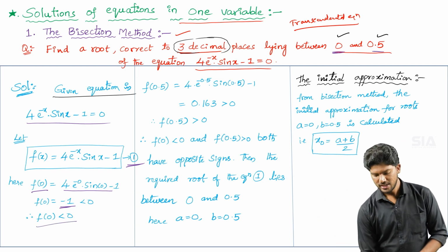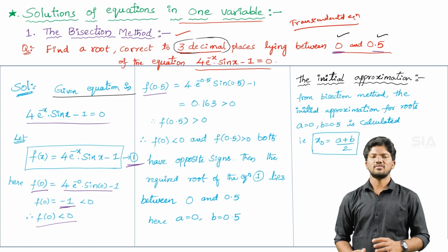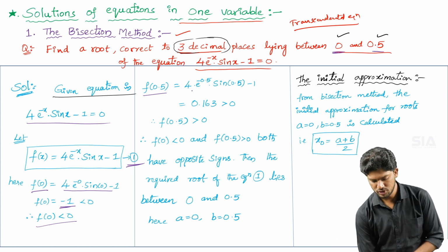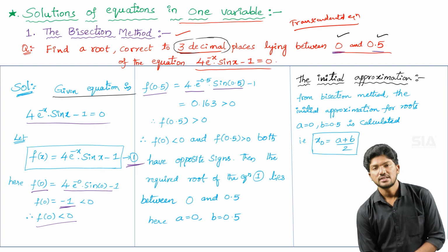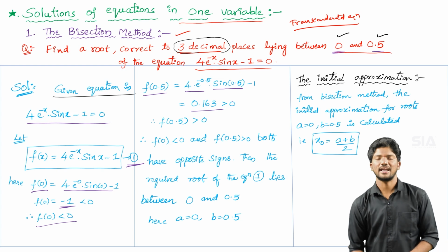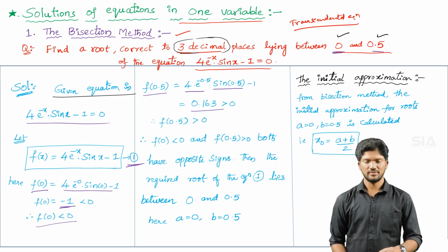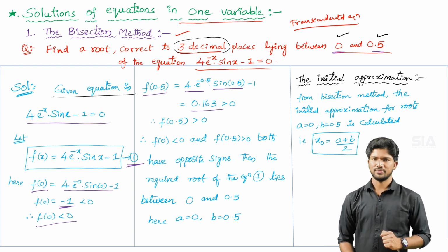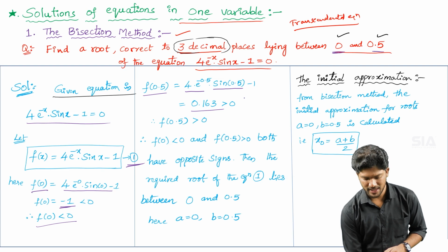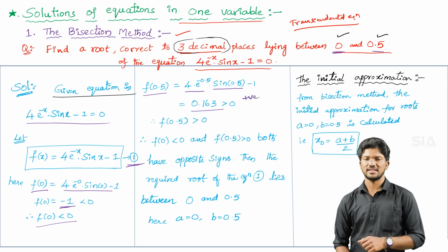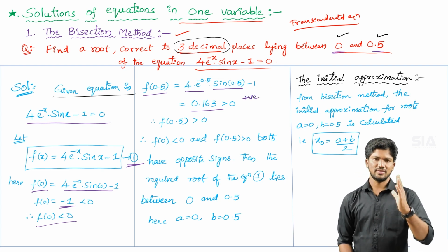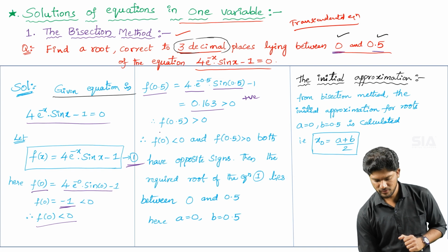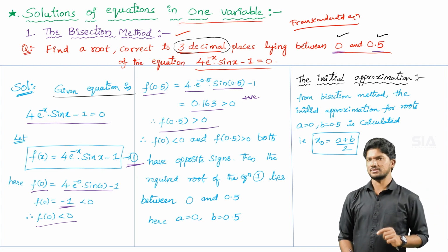Next value is f of 0.5. Substitute in place of x: 4 into e power minus 0.5 into sin 0.5 minus 1. If you simplify with the scientific calculator, you will get 0.163, a positive number, so f of 0.5 is greater than 0.